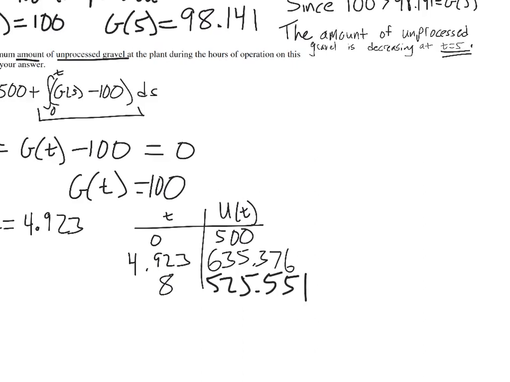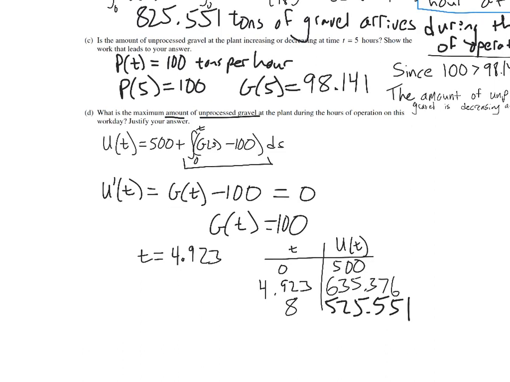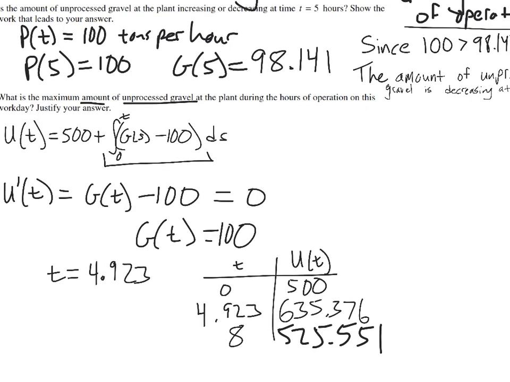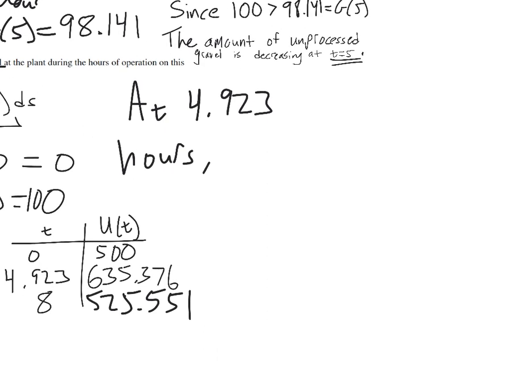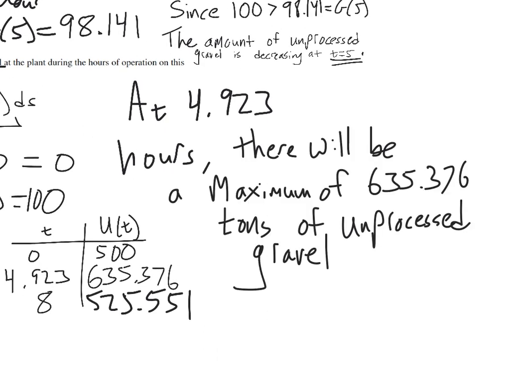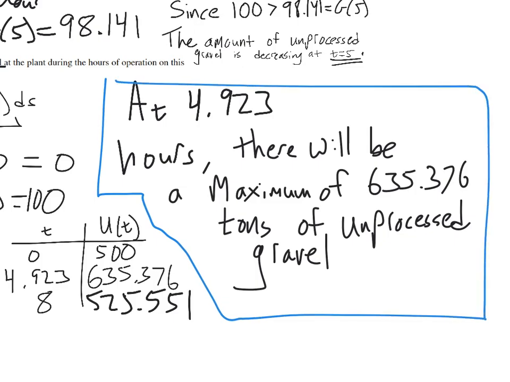Okay, so that's our unprocessed gravel. So we do have a maximum at 4.923 hours. So at 4.923 hours, there will be a maximum of 635.376 tons of unprocessed gravel. All right, that's what we have.